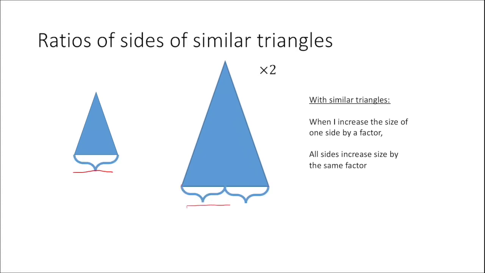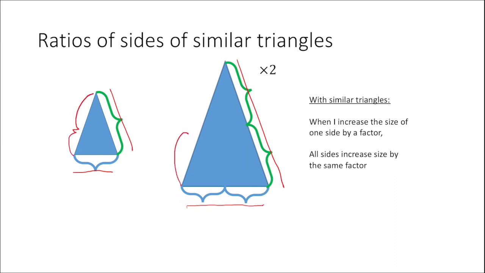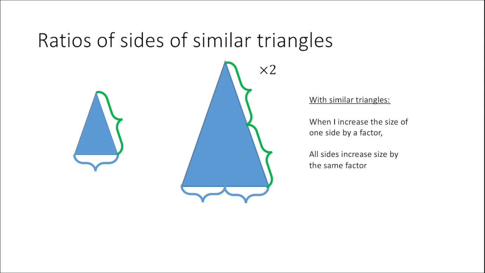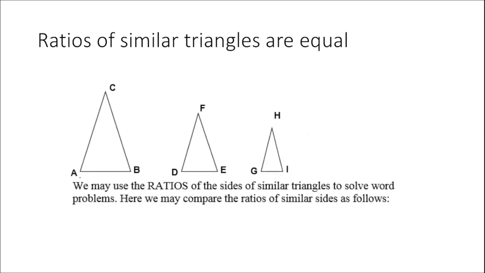Each one of these makes two of these, then each one of these will make two of those, which means each one of these will make two on that side. That's all it means. And that's a rule, that the ratios are the same, and we can use this to solve problems.